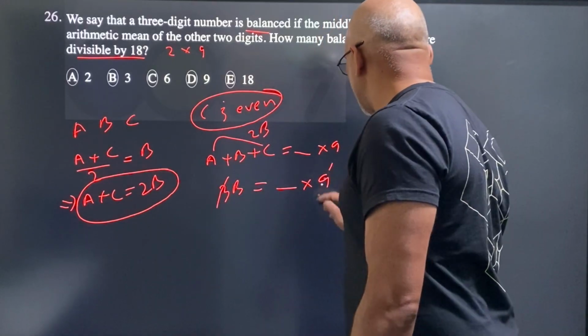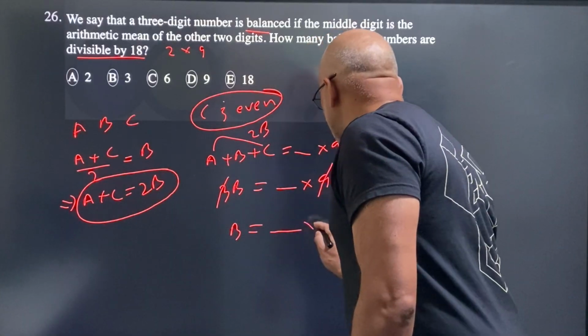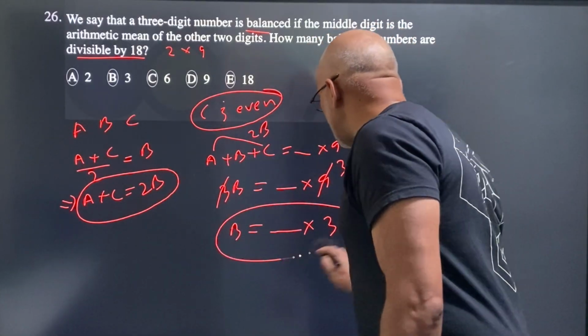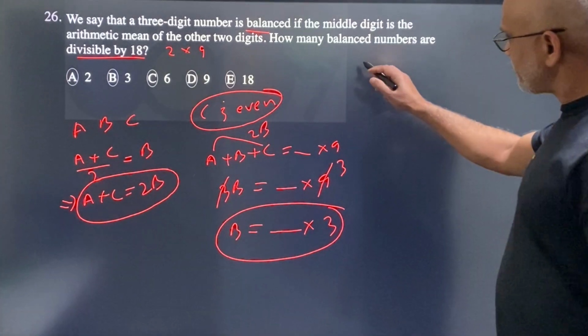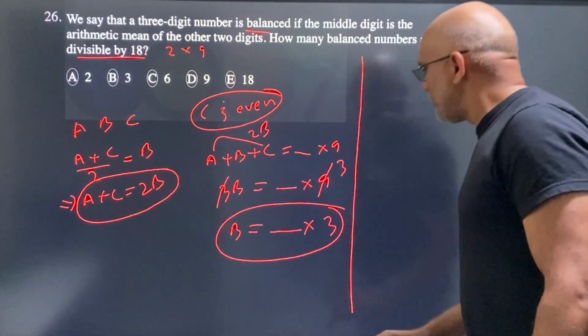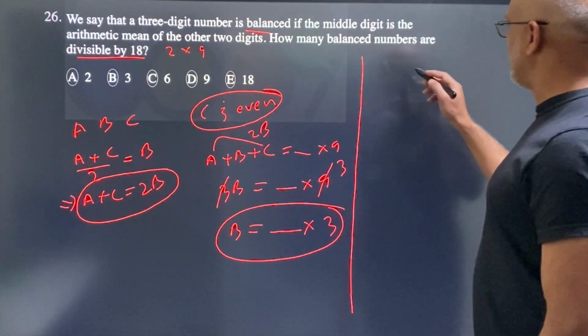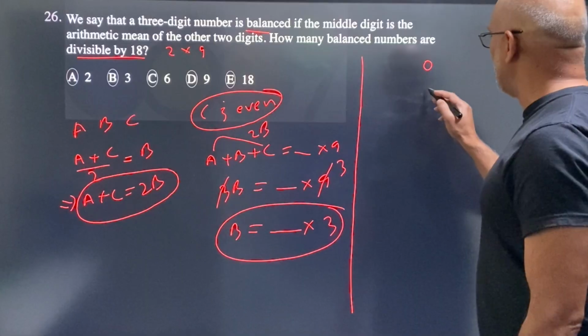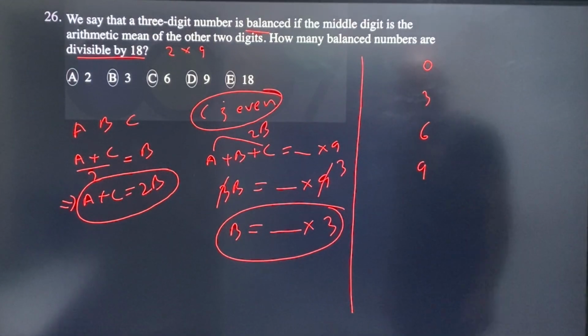So this 3 here means B has to be something times 3. That means B has to be a multiple of 3. Okay. So what are the different one-digit numbers that are multiples of 3? There are only a few of those. It can be 0, 3, 6, or 9. That is it, right?